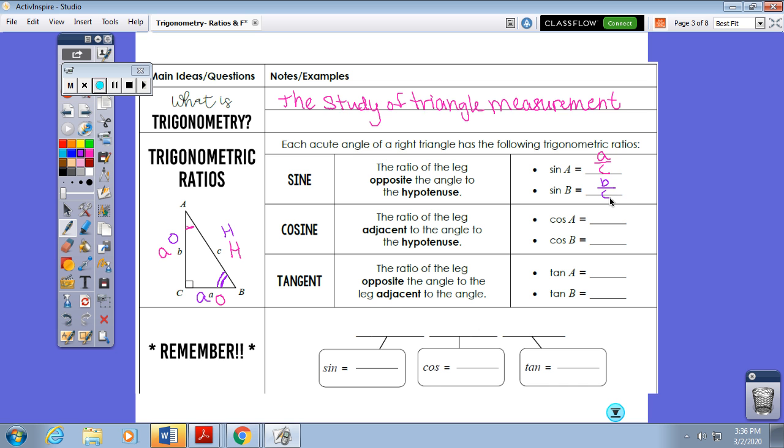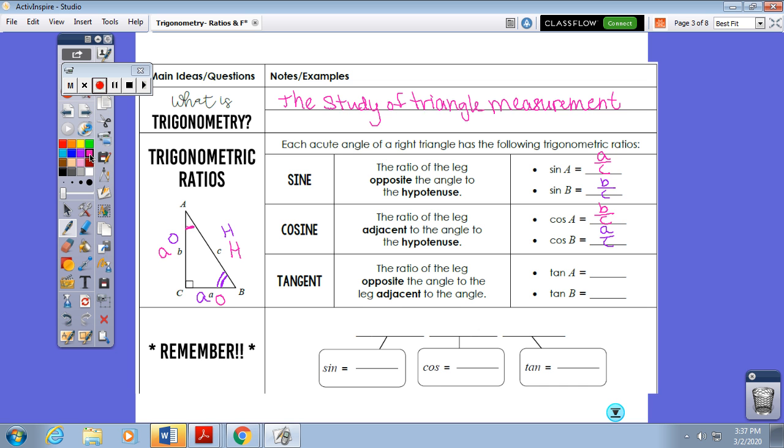So cosine of A is going to be adjacent over hypotenuse. Looking at cosine of A, standing here, that'd be B over C. And then cosine of B, if we're standing at angle B, would be A over C. And then for tangent, the ratio of the leg opposite the angle to the leg adjacent to the angle, it's opposite over adjacent.